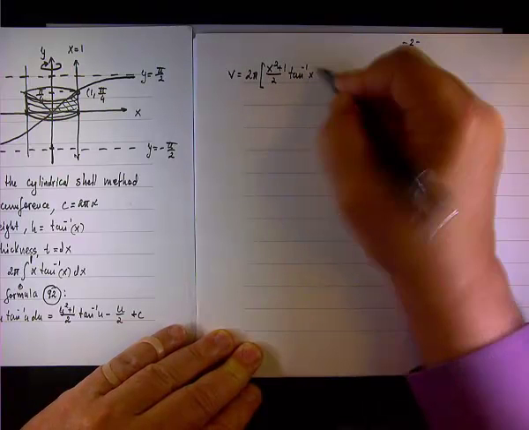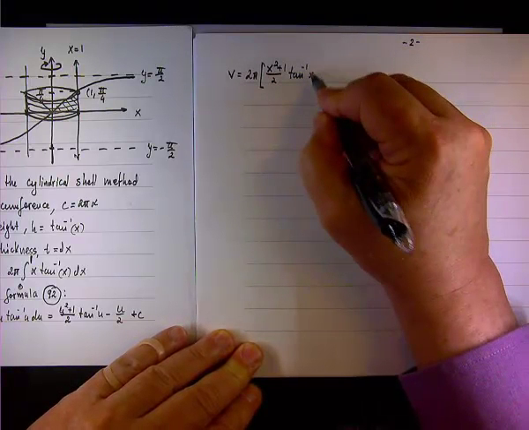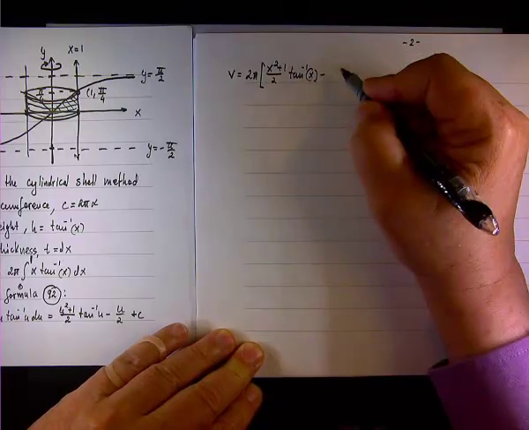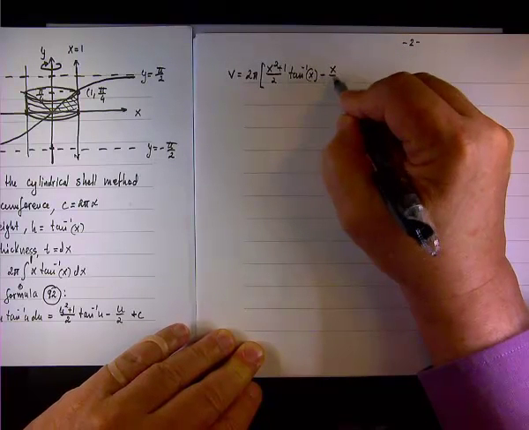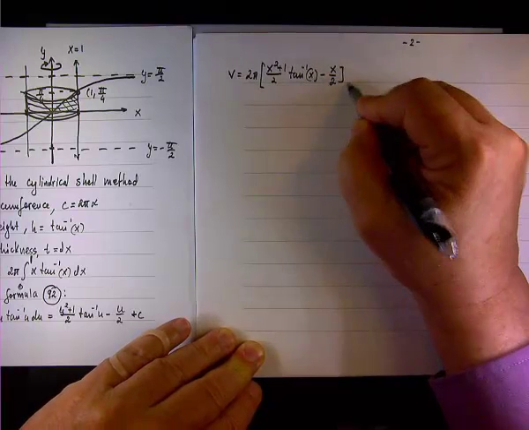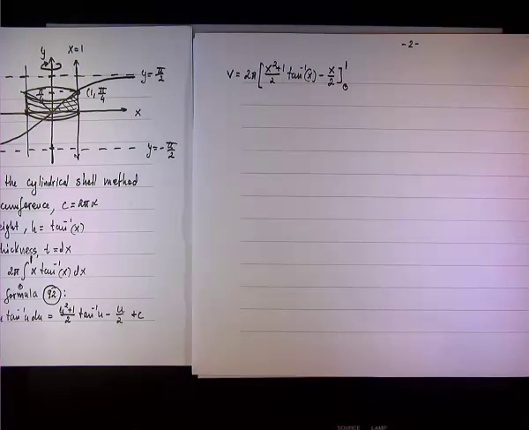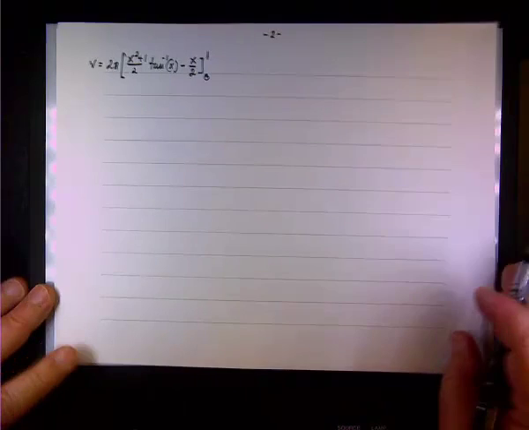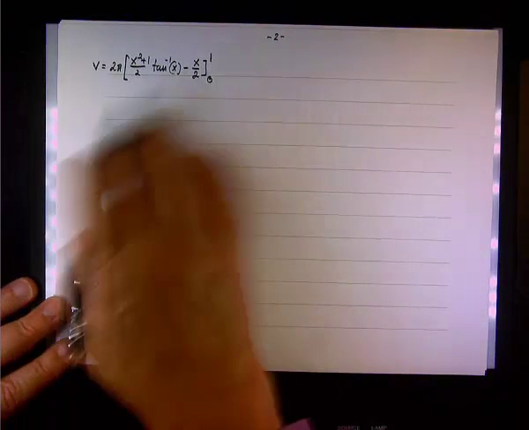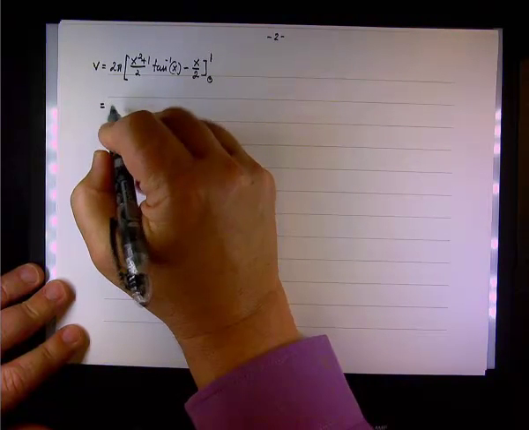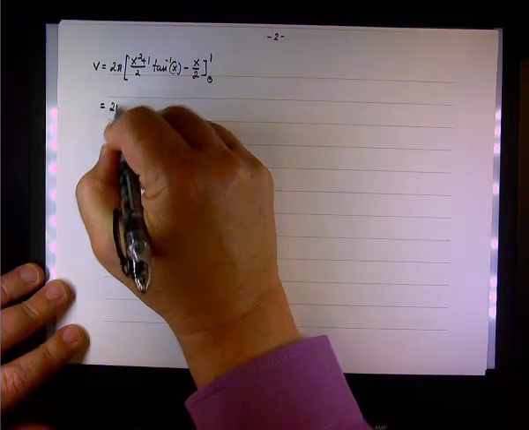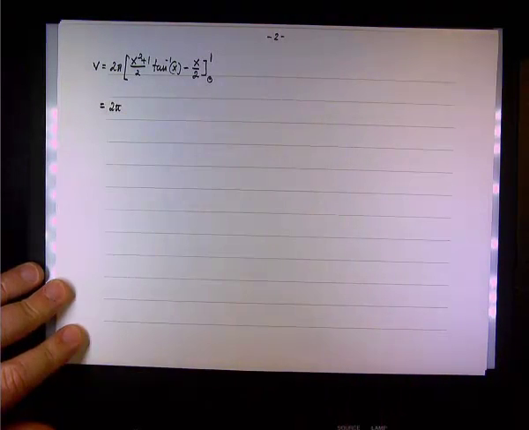Actually, I'm going to just multiply 2 pi by the result of the integral from the table. So we'll just replace u with x. So we have x squared plus 1 over 2 inverse tangent of x, minus x over 2, and we need to evaluate it from 0 to 1.